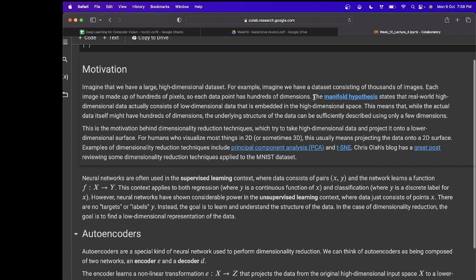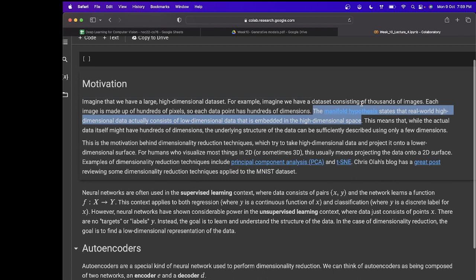This is the main idea in the entire autoencoder world. It states that real world high dimensional data actually consists of low dimensional data that is embedded in the high dimensional space. Real world data is very high dimensional, but it embeds very little information that is relevant or useful to us.